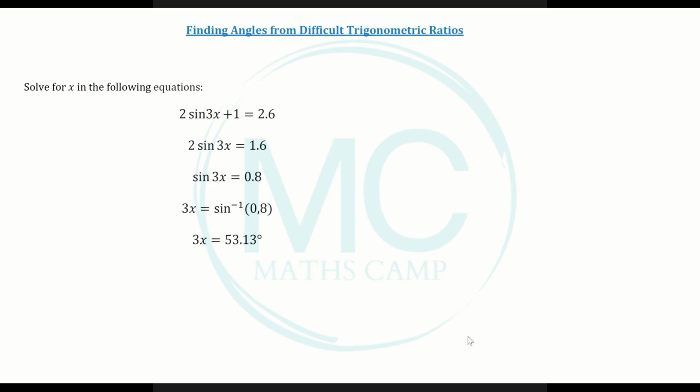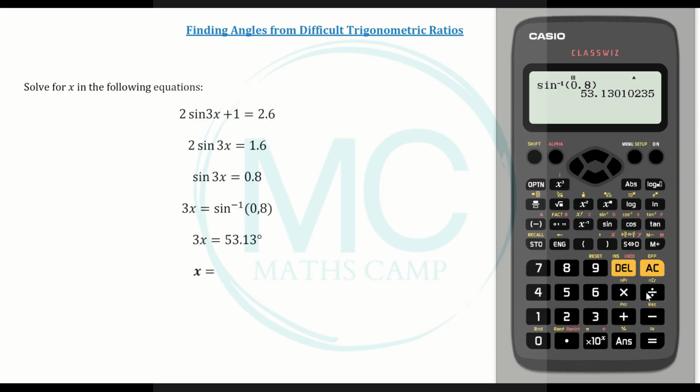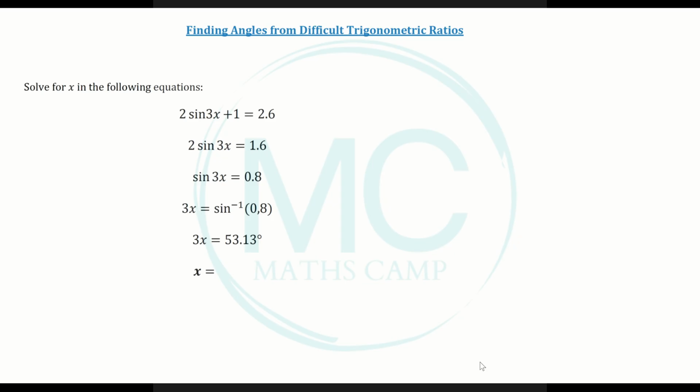We don't want 3x, we want x. And to get x by itself, we divide by 3, and we're left with x. So now we have to divide our angle by 3 as well. So take our calculator, and we're going to take our answer divided by 3 is equal to 17,71 degrees. And this is our value for x.